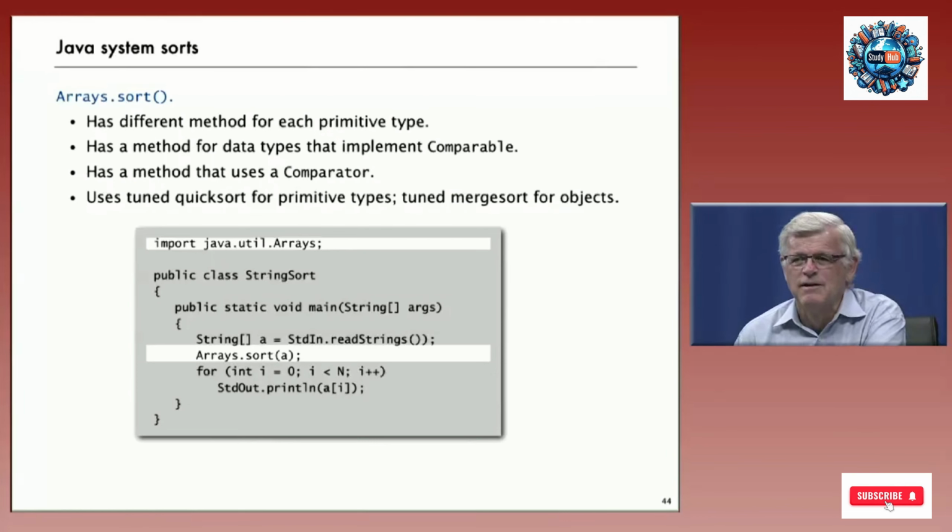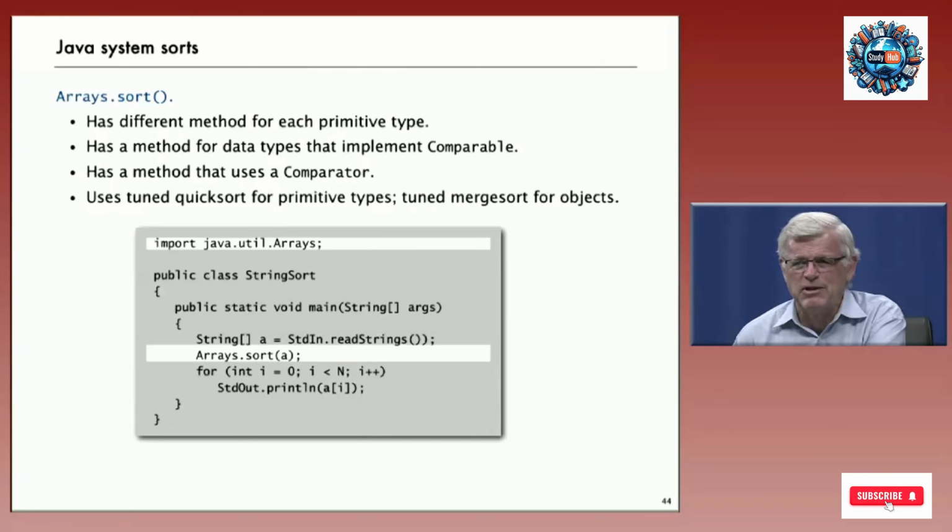It actually uses both Quicksort and Mergesort. It uses a tuned Quicksort for primitive types of data and a tuned Mergesort for objects. Why two different? It's just the designer's assessment of the idea that if a programmer is using objects, maybe space is not a critically important consideration.